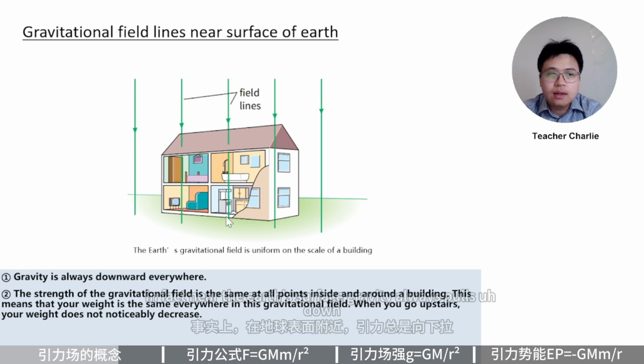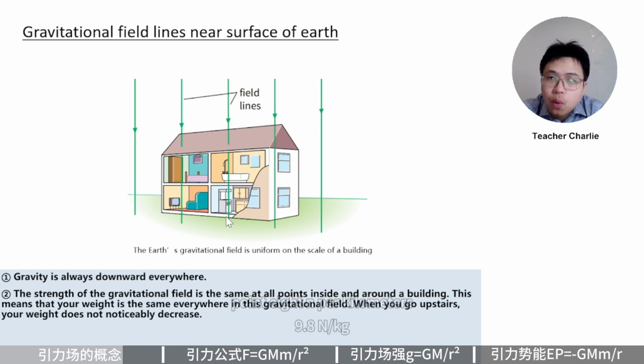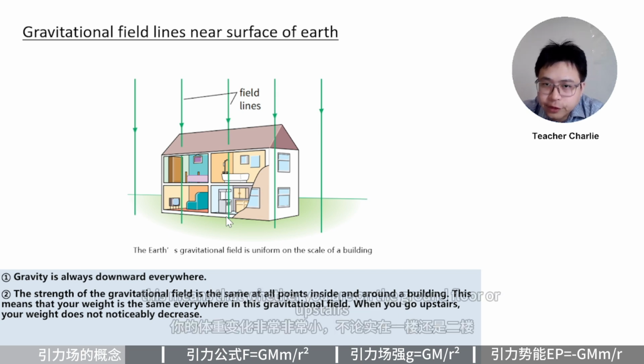Okay, in fact, near the Earth's surface, gravity always pulls downward, and its strength is almost constant, approximately 9.8 N per kg. This means that whether you are on the ground floor or upstairs, your weight changes very, very little.